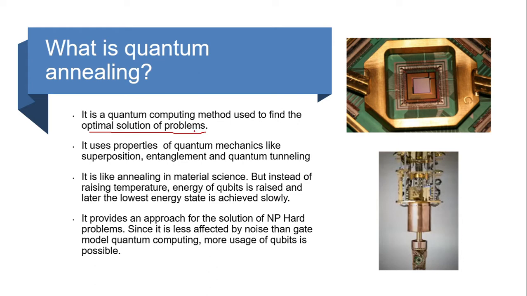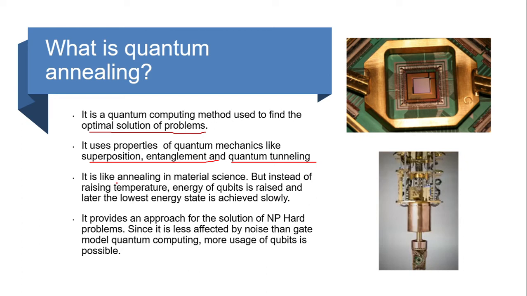We will understand better as we go through. It uses properties of quantum mechanics like superposition and entanglement, which you are familiar with from the gate model quantum computer, and it uses another property called quantum tunneling, which we'll learn a little later.